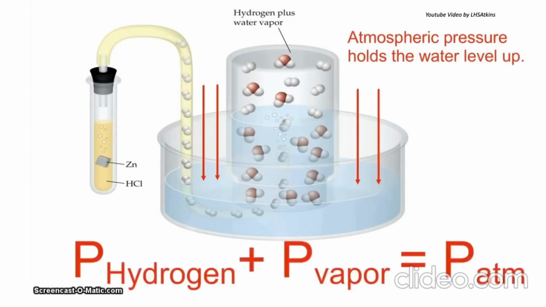The pressure of our hydrogen, and generally speaking whatever your sample is would go here, plus the pressure of the water vapor is equal to the atmospheric pressure. We would read the atmospheric pressure off of a barometer, and we would find the water vapor pressure off of a table. There are tables for water vapor pressure at various temperatures, so we would need to know the temperature to do this.